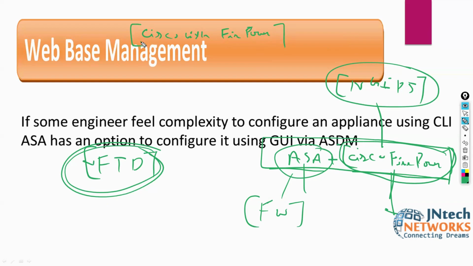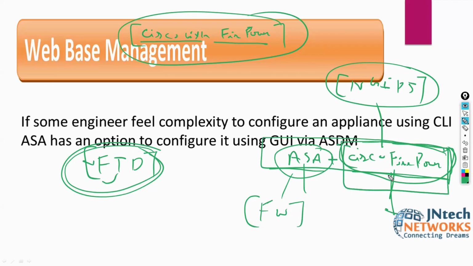It means it's a Cisco ASA firewall device with Firepower feature, but it's not a dedicated FTD. So technically, the Cisco Firepower series are Cisco ASA firewalls with Firepower capability? No. Cisco Firepower is a different device. Okay, it's a separate device. And Cisco ASA is a separate device.